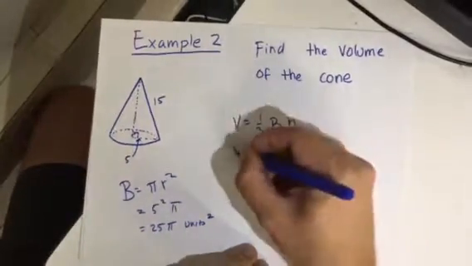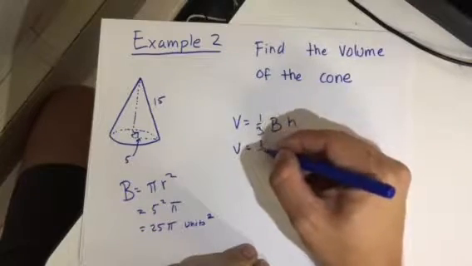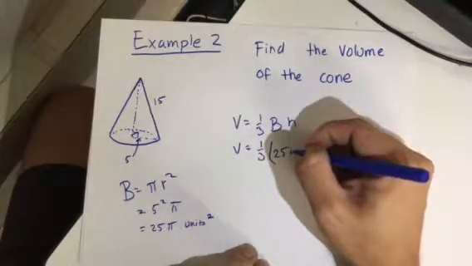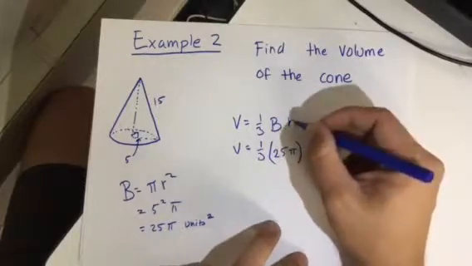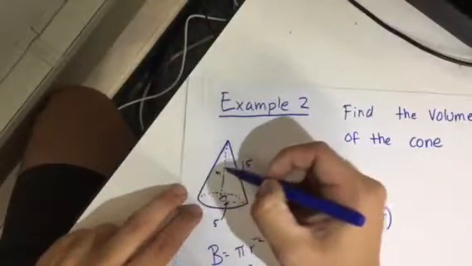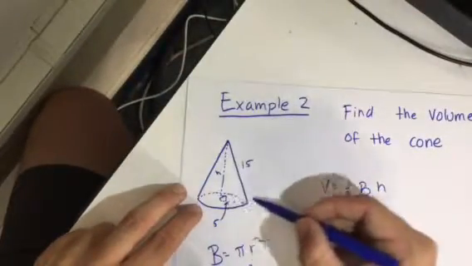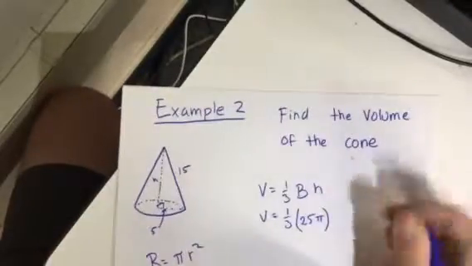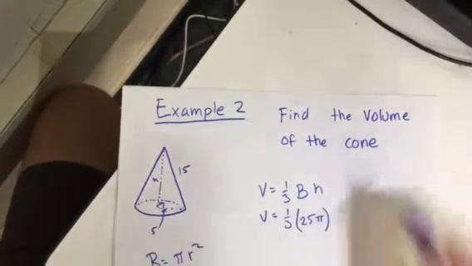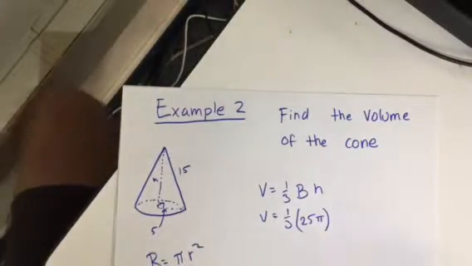Alright, so let's plug this in. So our volume is going to be 1/3 25 pi times our height. We need to find our height. Let's quickly find our height. So our height would be right here. You can see we have a right triangle, so let's go ahead and do this in a different color.